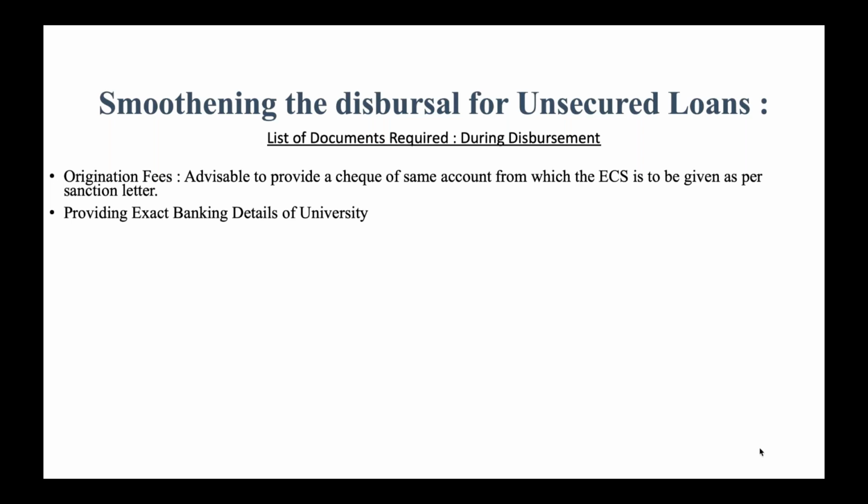All the NBFCs charge a fee of 1% after initial sanction has been provided, and at disbursal is when they charge the origination fee, which is 1%, also called the processing fee. They will require the exact bank details of the university.